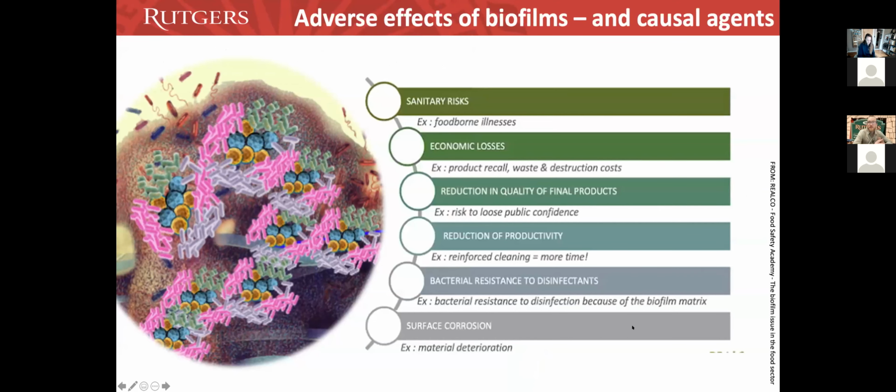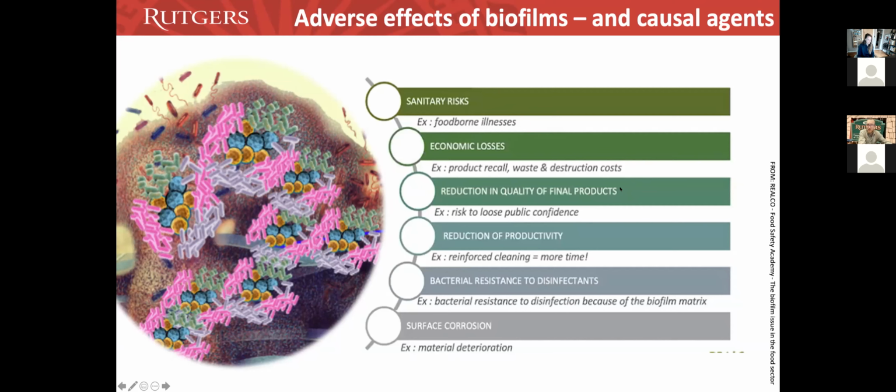So biofilms have a number of monetary and production-oriented problems associated with them. In reference to the talk, the reason for this meeting today is that the foodborne illness is possible due to what we were talking about before. Economic losses, you could have products recalled, you might have to trash a lot.